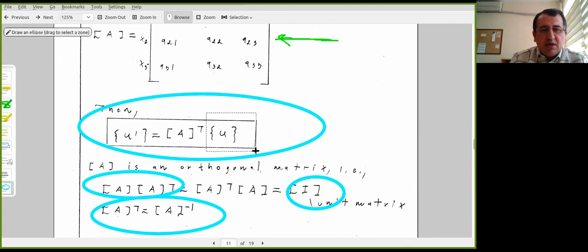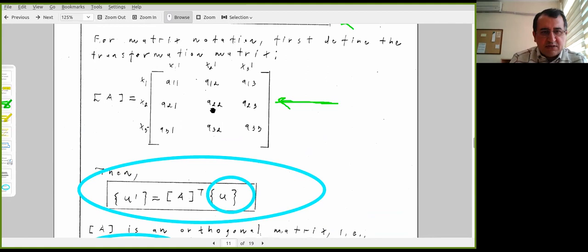Suppose that I want to write these original components in terms of the prime components, or I want to write V in terms of V prime. Note that the matrix is constructed in such a way that this column is X, the original system, and the row is prime.